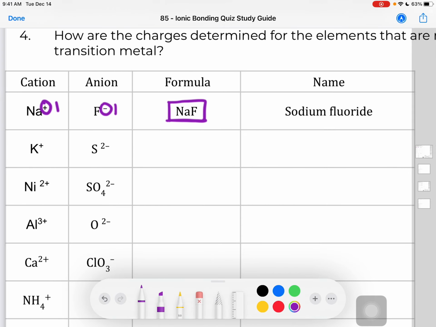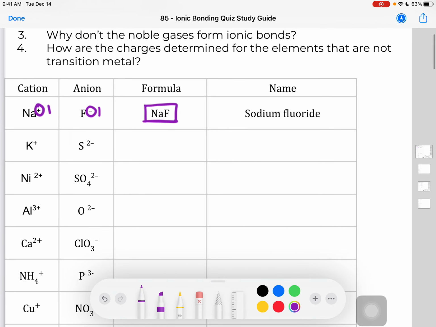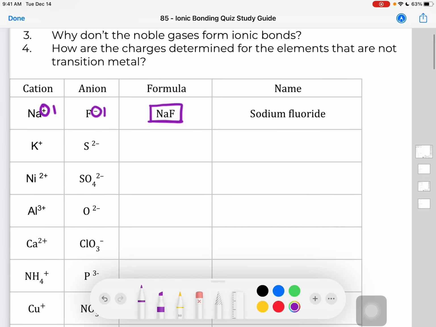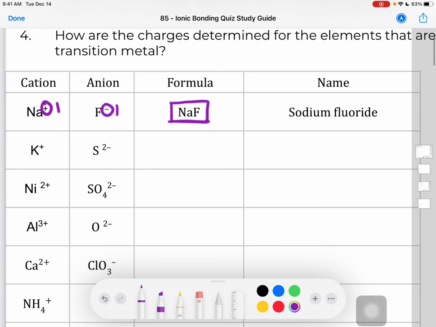If this is all totally new to you, check out what I posted on Google Classroom last night, and hopefully that will help you out. Okay, so sodium fluoride. I'll also, at the end, point out the document that has the naming. It is the one with a table like this on one side, and then the naming stuff on the back.